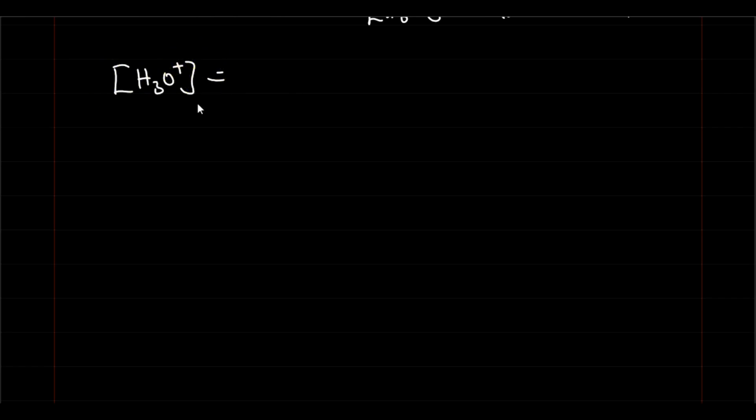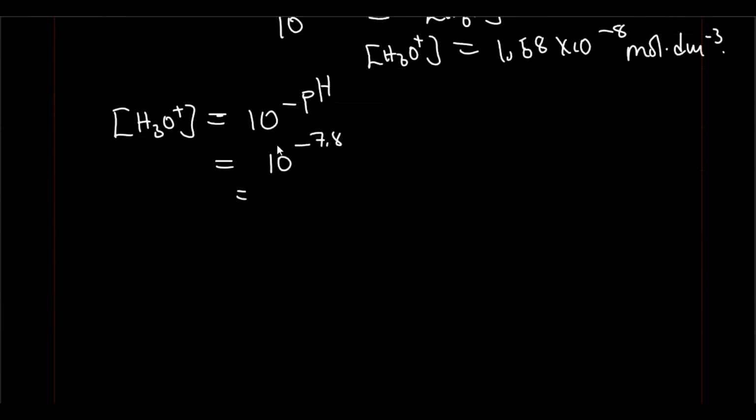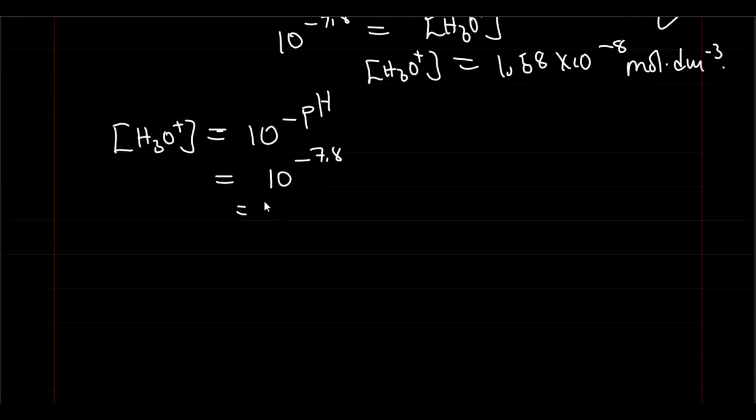You just say concentration of hydronium ion is 10 exponent negative pH, and then you substitute. So I would do 10 exponent negative 7.8 and get the answer 1.58 times 10 to the power negative 8 mole per decimeter cube.